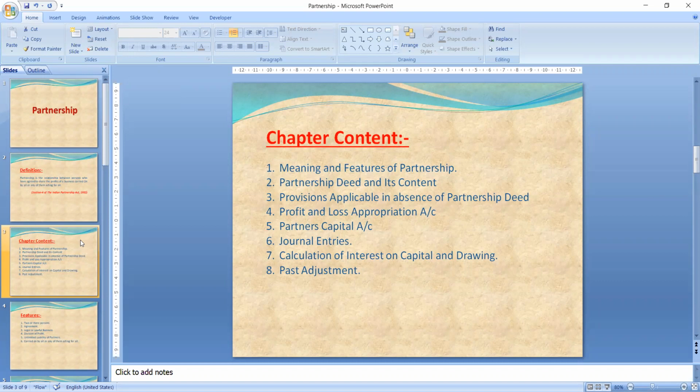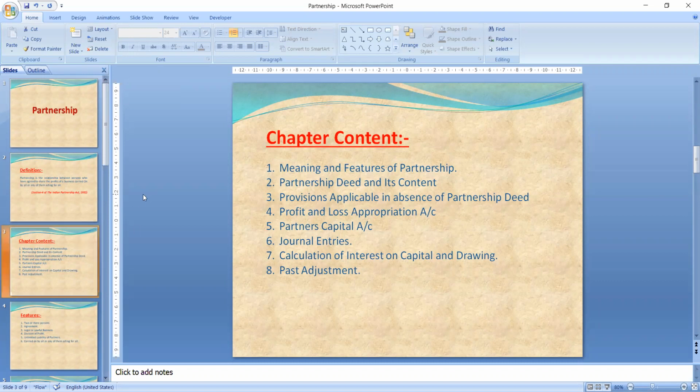After that, provisions applicable in absence of partnership deed, profit and loss appropriation account, partners' capital account, journal entry, calculation of interest on capital and drawing, and then past adjustments.